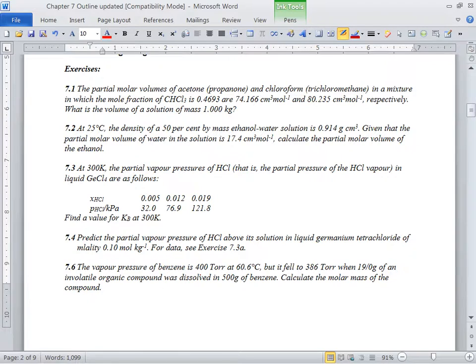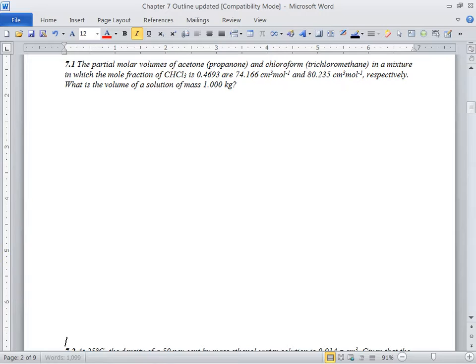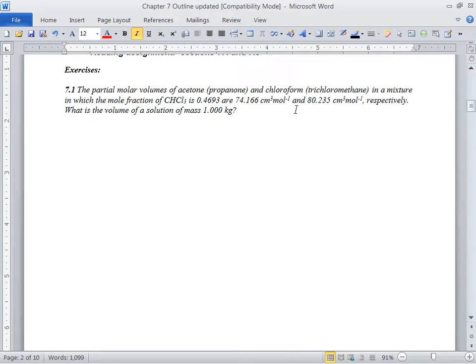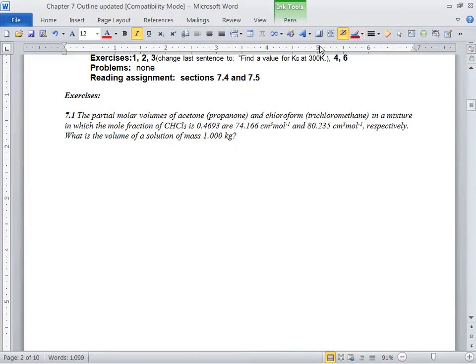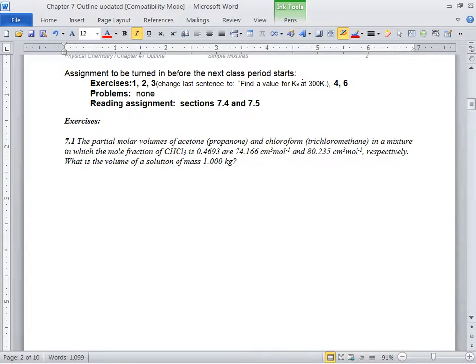So let's jump into this stuff. The partial molar volumes of acetone and chloroform. I better start writing this stuff down. That's mole fraction of acetone and chloroform.